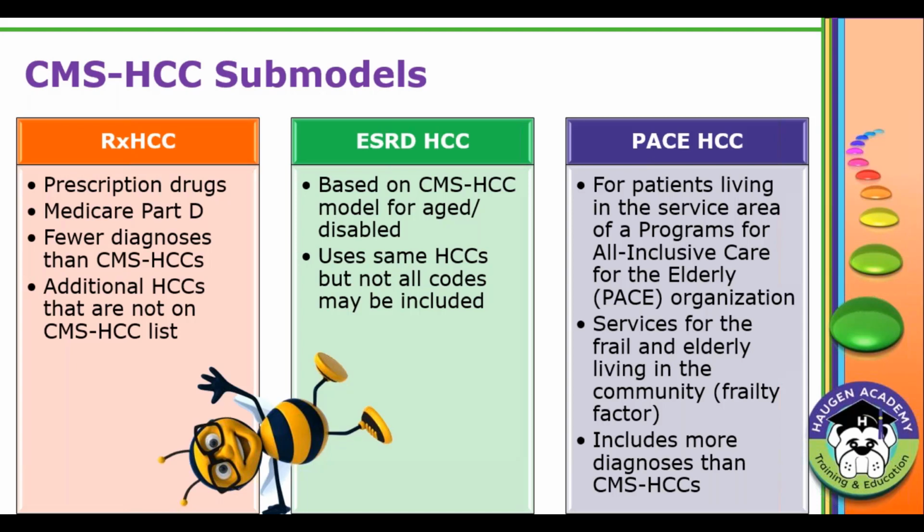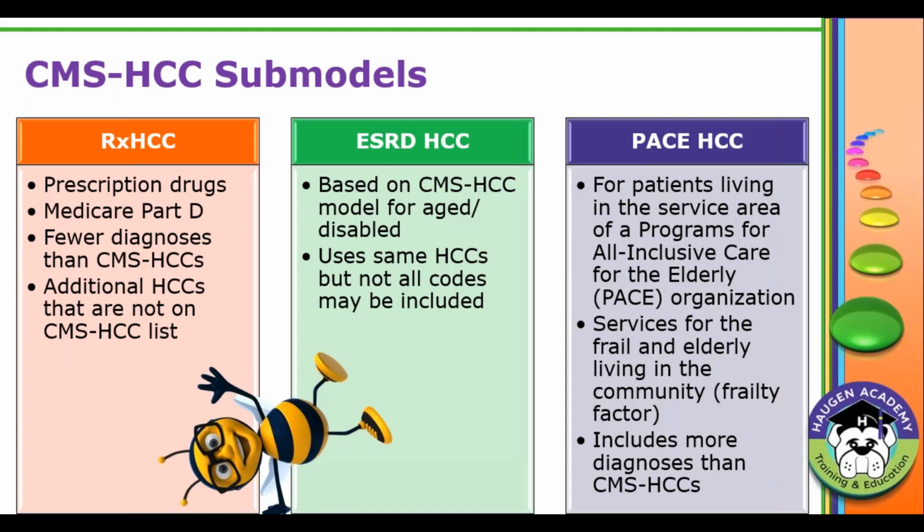The end-stage renal disease, the ESRD HCCs, are based on the CMS model. Again, for patients who are aged or disabled, it uses the same HCCs, but not all of them are going to apply. So if you keep in mind that we're managing chronic conditions, you think of all the different chronic conditions that could affect the Medicare population, they're not all going to affect the fact that the patient has end-stage renal disease.